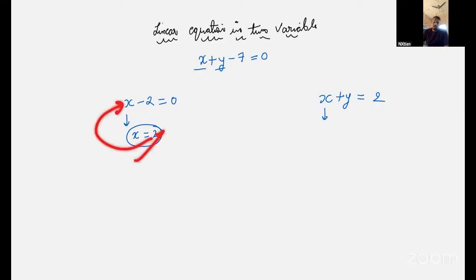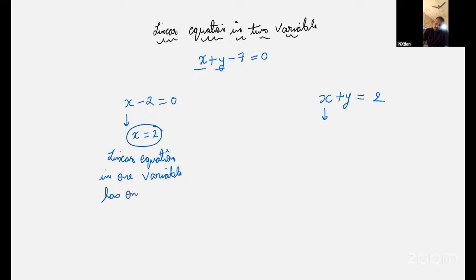Listen everyone. A linear equation in one variable has only one solution.